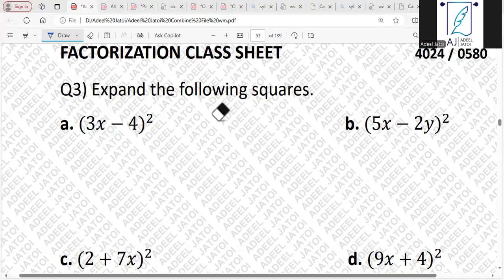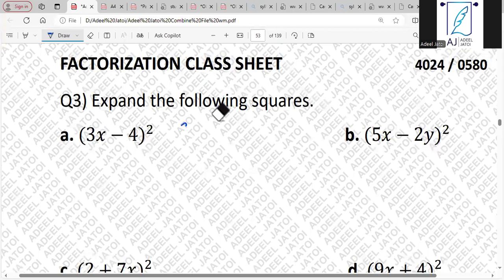So if I just say that the identity is a plus b whole square. Now, a plus b whole square is opened as what? A plus b and a plus b. My bad. So a plus b and a plus b. Whenever there is a plus sign in between and a whole square, we open two brackets with plus.